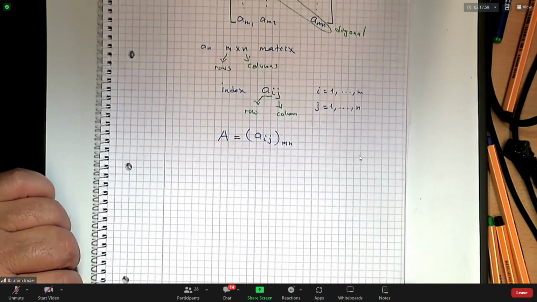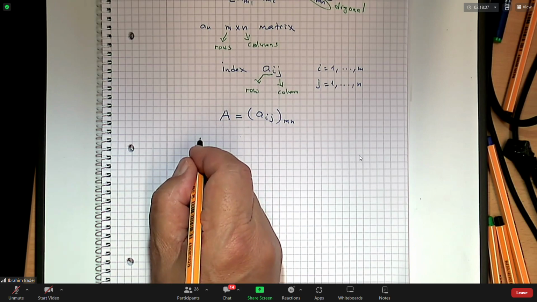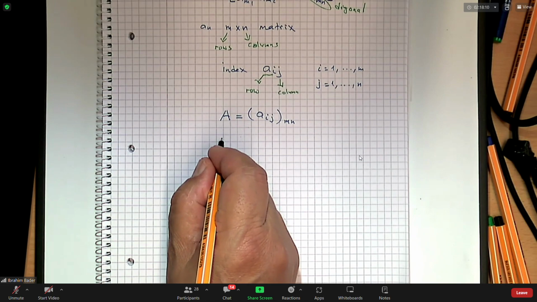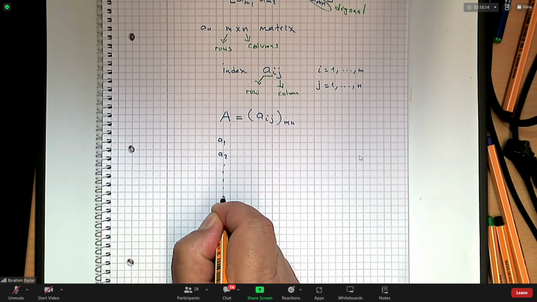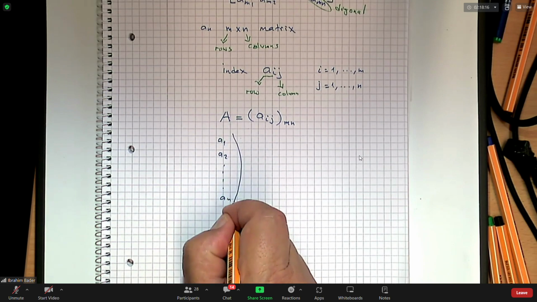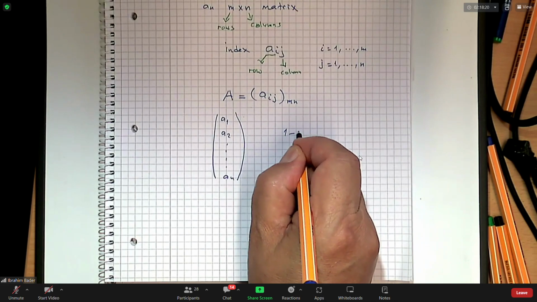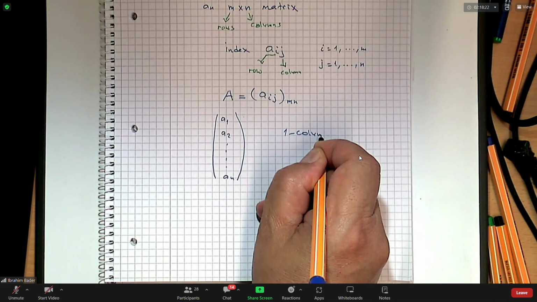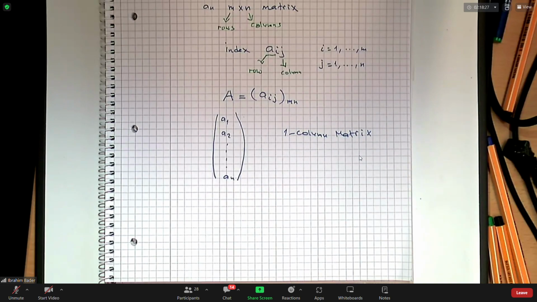Okay, now there are some special matrices. You remember when we talked about this, a one column matrix. At the end of the day, it's a vector.